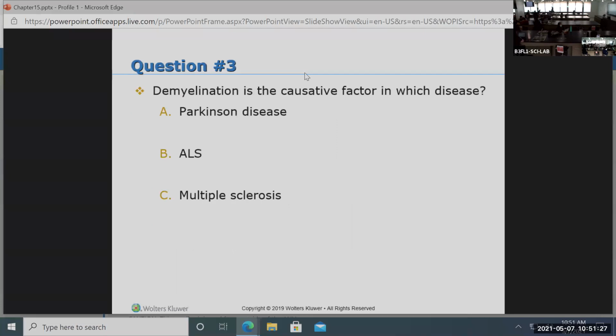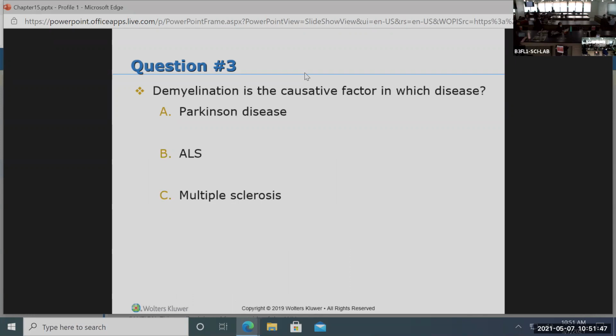MS destroys my oligodendrocytes. Oligodendrocytes are supposed to myelinate my axons, nerve fibers in the CNS.